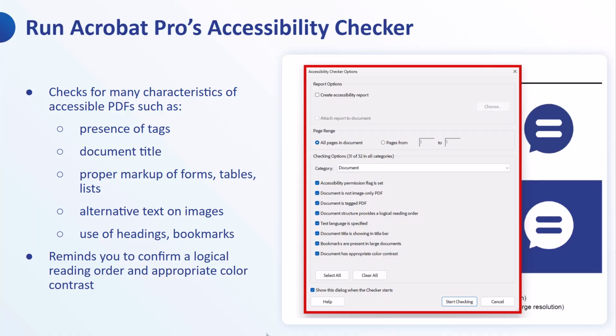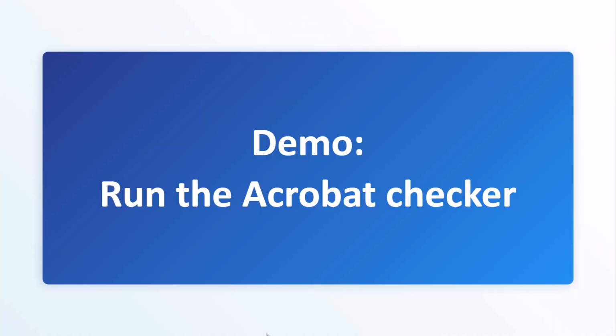It's going to look at all of the images and make sure that they either have a text alternative or they are marked as decorative. It's going to look at how the document is structured, your headings, your bookmarks, and confirm whether or not that structure makes sense. And it's always going to remind you to manually check the reading order and validate the color contrast. So let's switch over to our demo document.